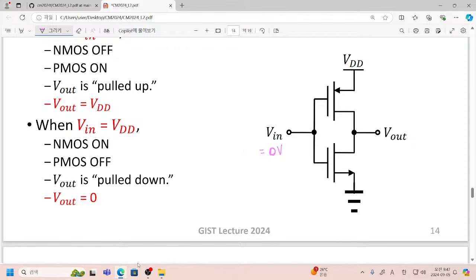In this case, please try to calculate first of all VGS in this NMOSFET. VG equals 0 and source voltage equals also 0, so our VGS value will be just 0.